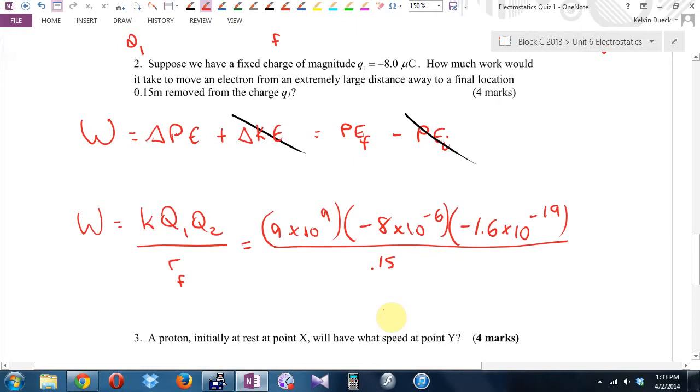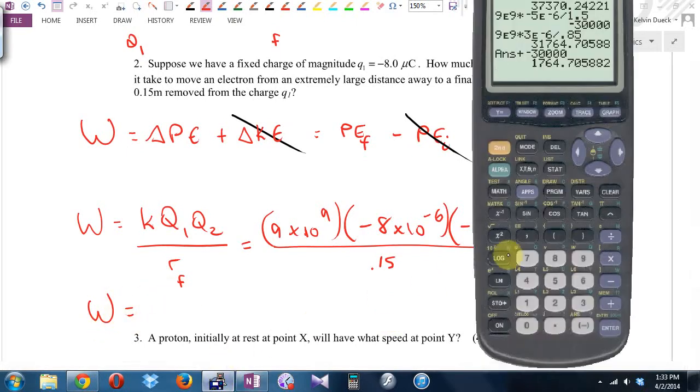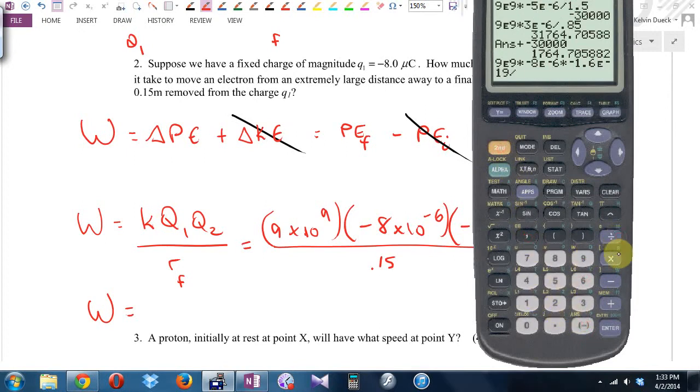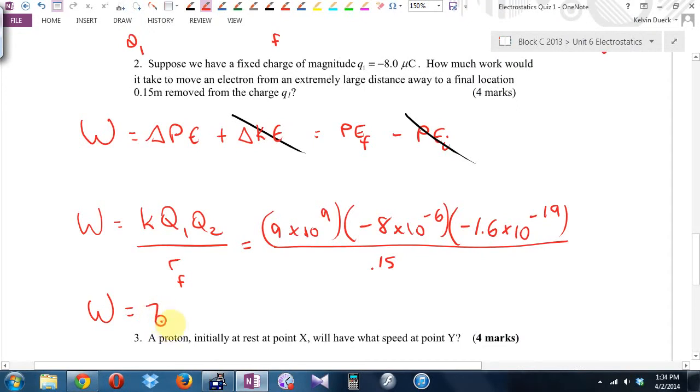It's like lifting something up off the ground. I get, no idea, 9 times 10 to the 9th, negative 8, negative 1.6 times 10 to the negative 19 divided by 0.15. Do you all get that much? No? Yes? 7.68 times 10 to the negative 14 joules? Not very much work. You're moving an electron. It's not a big charge.